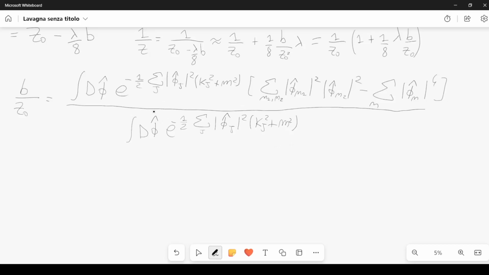So this is actually simpler than it seems. We can evaluate B over Z0 by knowing how to calculate Gaussian integrals, and I will not get into the details of how to compute them. They are quite straightforward if you know just multivariable calculus.